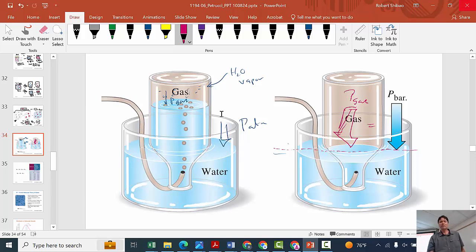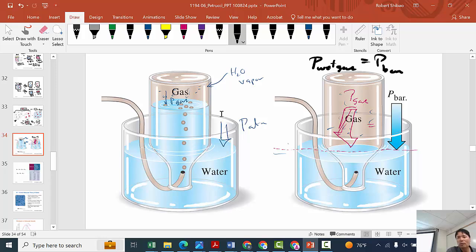Now, the pressure of this gas is not a pure gas. We call this the pressure of the wet gas. And so the pressure of the wet gas is equal to the barometric pressure once the levels have been equalized here. That is, you either force more water into the container or suck the water out of the container by moving it up and down.